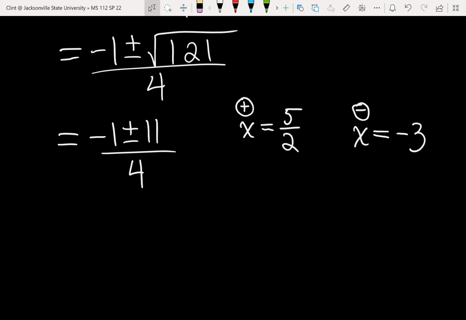Screen's a little touchy today. So let's do it in some other color. So it was square root of 30 minus 2x, and that's supposed to equal 2x.